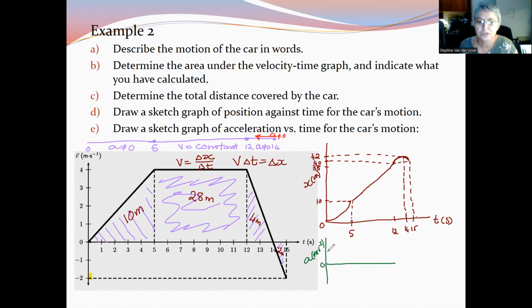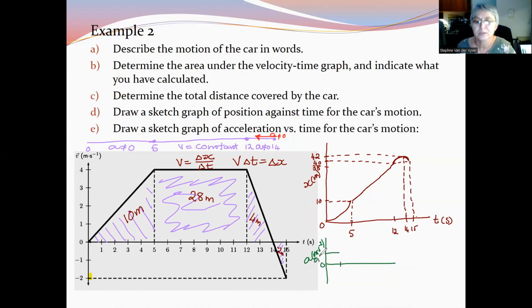The first 5 seconds, we haven't calculated the acceleration, but we could. It would be 4 divided by 5. So that's 0.8.